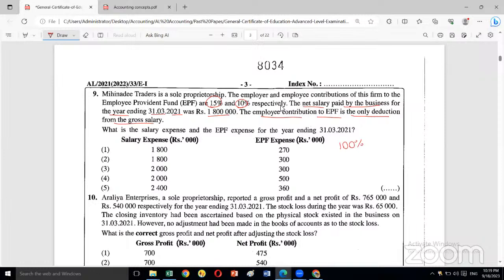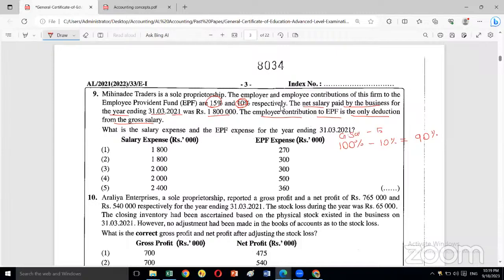According to this question, gross salary is 100%, and the EPF contribution of the employee is 10%. If I deduct the 10% from 100%, net salary is equal to how many percent? 90%.